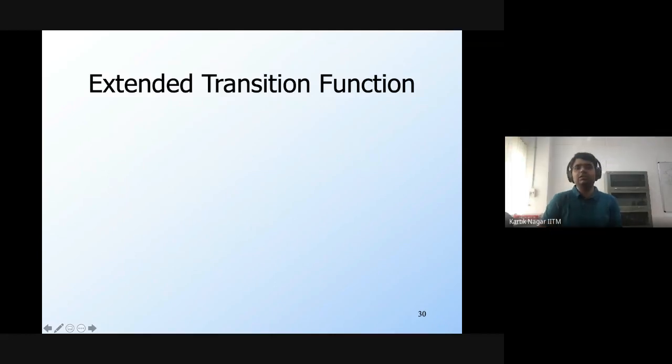Okay, so now that we have defined what a DFA does on a single symbol of the input alphabet, we also need to figure out some way of formally representing what a DFA is going to do on a string, which is a sequence of symbols from the alphabet. So for that, we define this notion of an extended transition function.